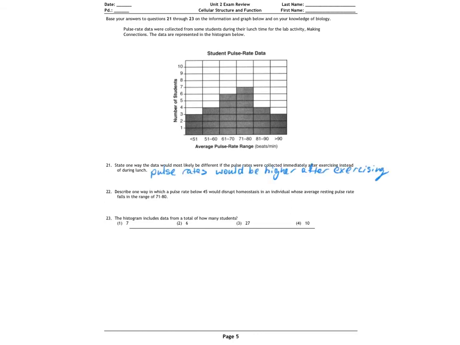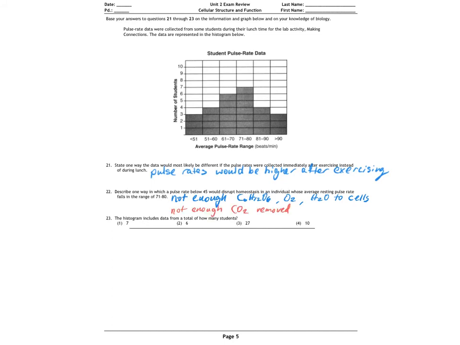So these pulse rates are lower than they would be if you had been exercising. However, if a pulse rate gets really low, like around 45, as you can see, not really many people had below 51 in this data. If a pulse gets really low, you would have trouble with the following things. You would have trouble getting enough glucose, oxygen, and water to your cells.